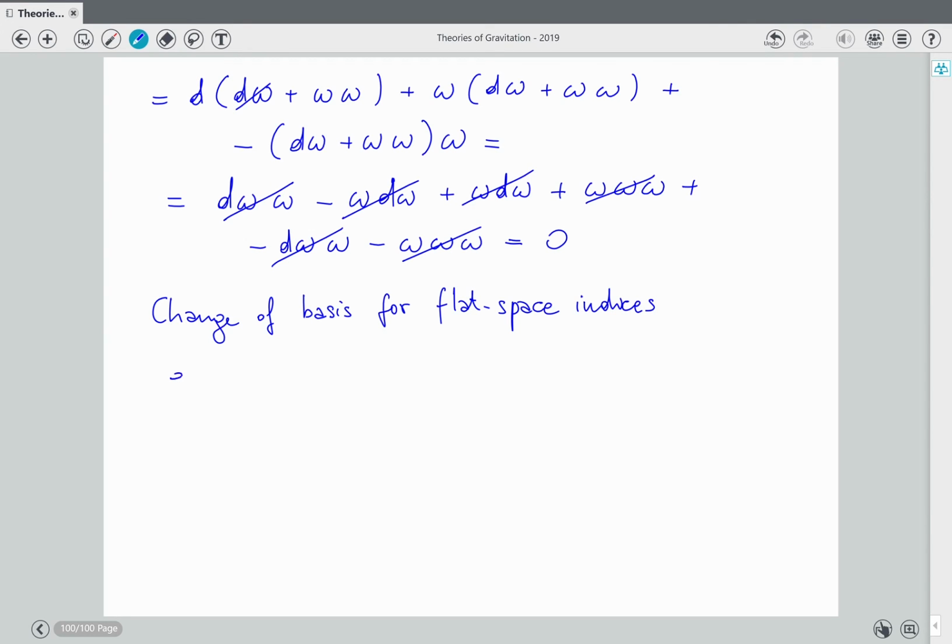That is a change of basis, which we define on the forms e^A, like that. Omega can depend on the point.